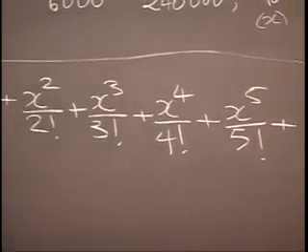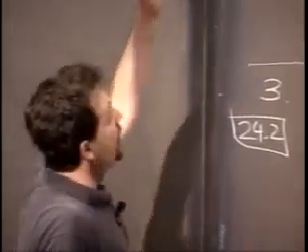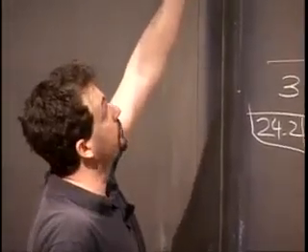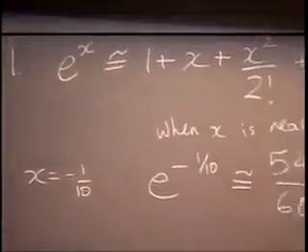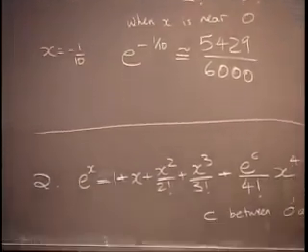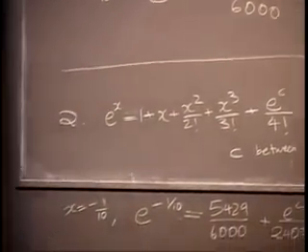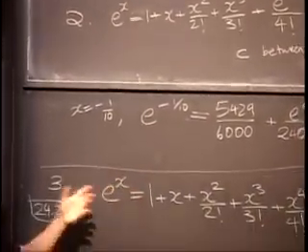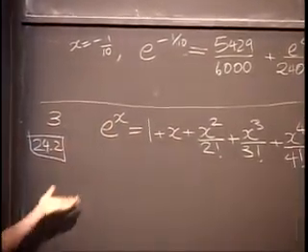So that's a different sort of flavor. In 1 above, at the top of the board, it's only an approximation. In 2, it's perfect. It equals, but we don't know what c is. We just have it trapped in some range. And in 3, it's equal and there's no uncertainty, but there's an infinite series.